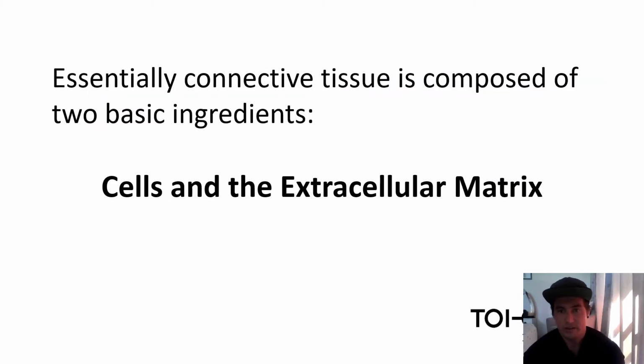Essentially, it is quite diverse and complicated, but if we think of connective tissue as comprising two basic ingredients: cells, which drive what the connective tissue does and produces, and then the extracellular matrix, which is the framework that gives structure to connective tissue.